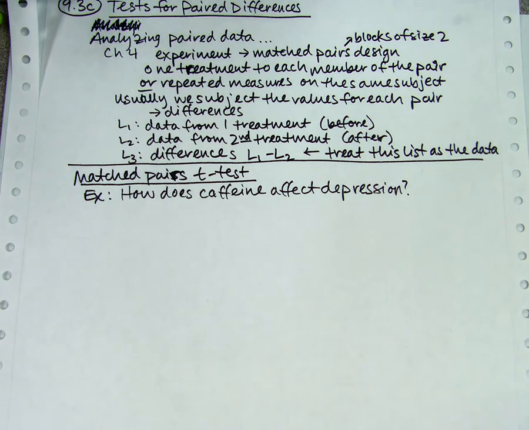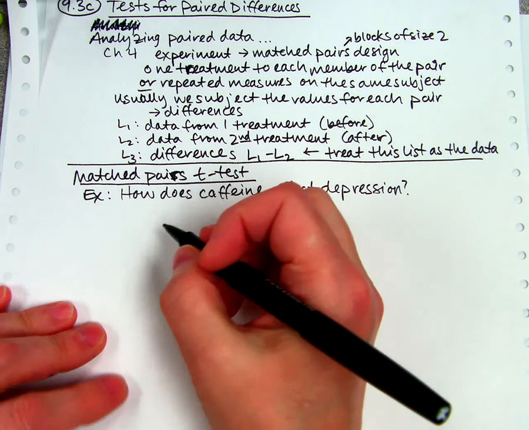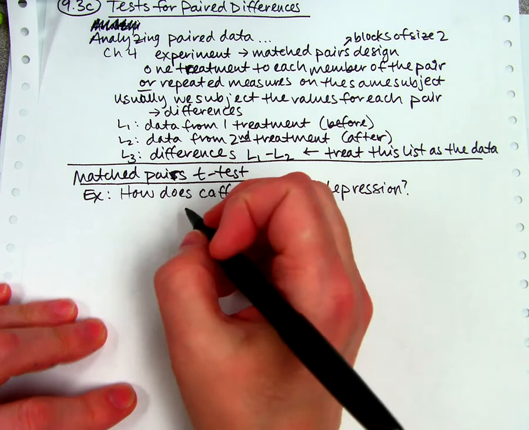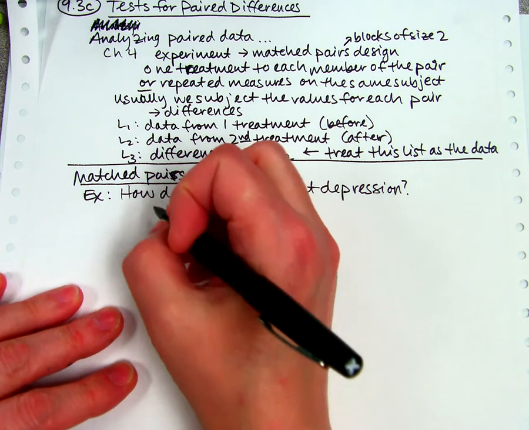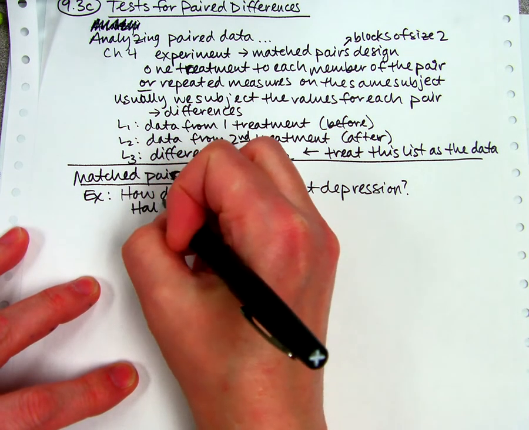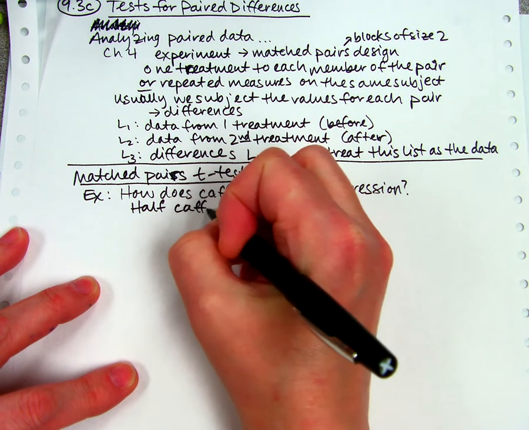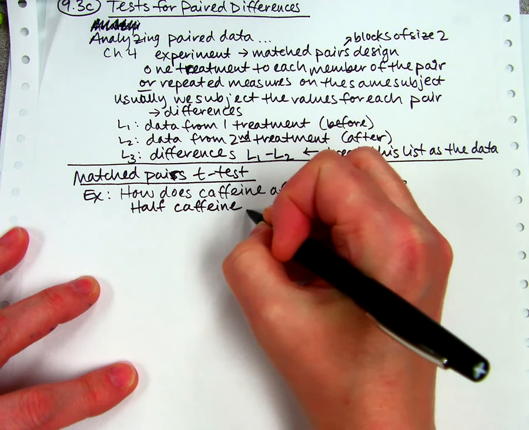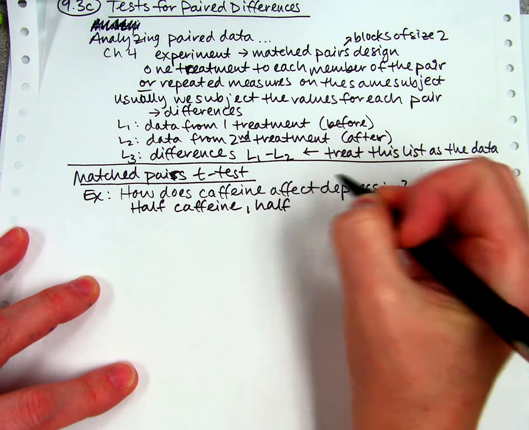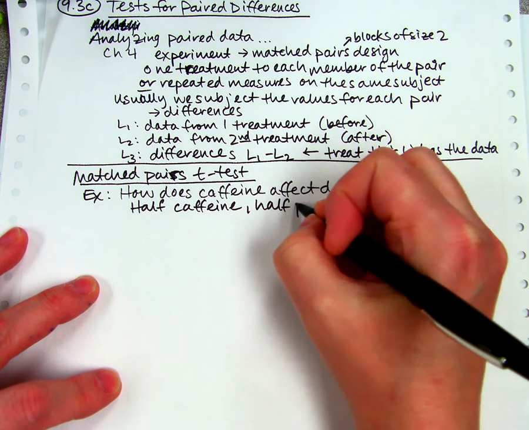They take a bunch of volunteers, they make them not drink caffeine for a while so that their bodies are clear of it. Half of them get caffeine in a pill, and the other half, of course, don't get told that they're not having caffeine, so they get a placebo.